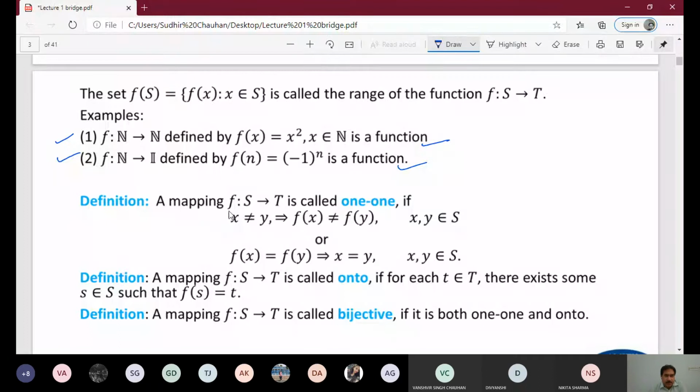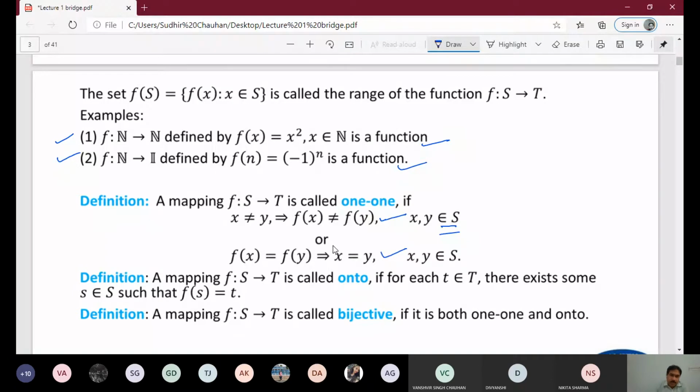Now a mapping f from S to T is called 1-1 mapping if x is not equal to y implies f(x) is not equal to f(y), where x and y belong to set S. Or in other words, if f(x) is equal to f(y), that implies x is equal to y, where x, y belong to S. If it satisfies either the first or second, then the mapping is said to be 1-1.